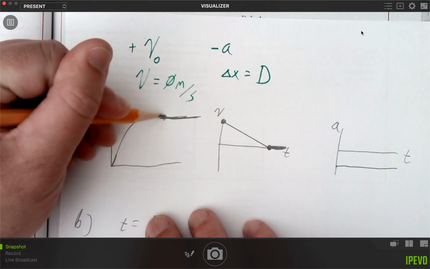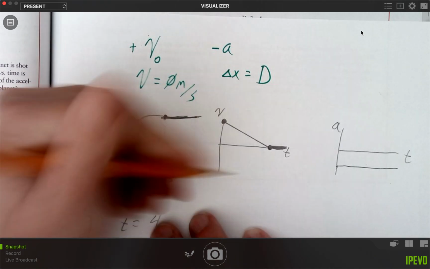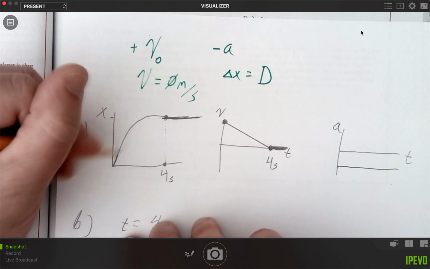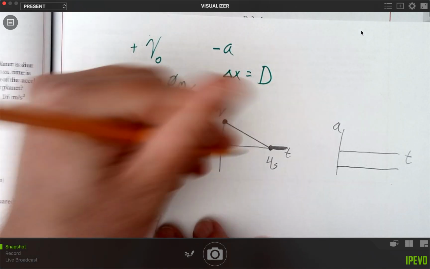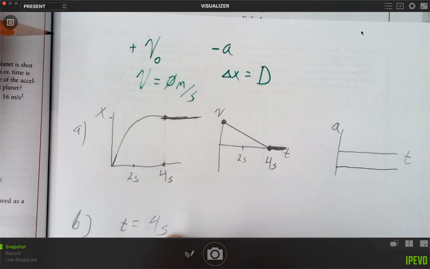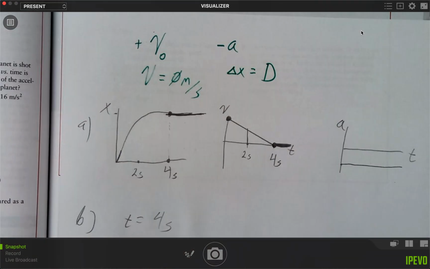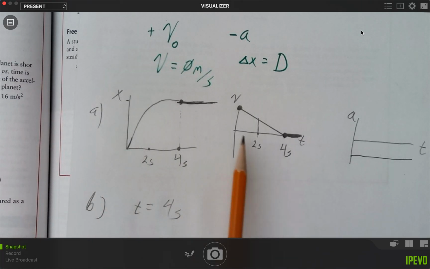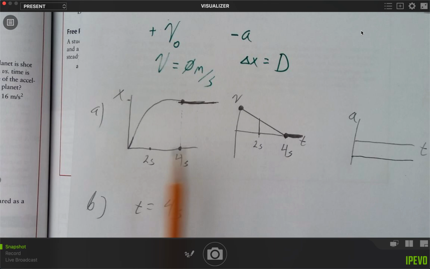If I say that this right here is the 4-second mark, and halfway is 2 seconds, what we're trying to see is, did we go a farther distance in the first 2 seconds, between 0 and 2 seconds, or did we go a greater distance between 2 and 4?